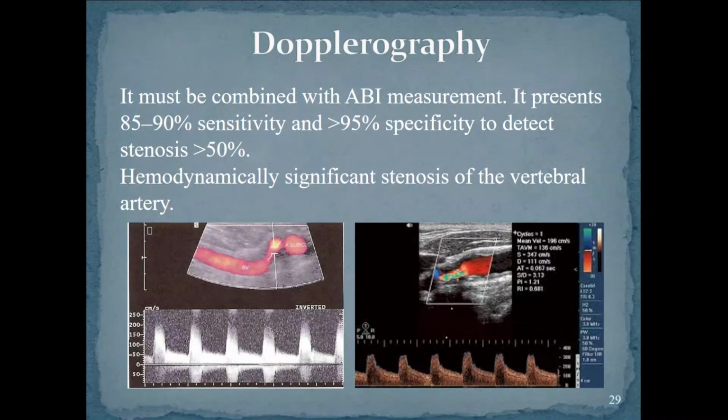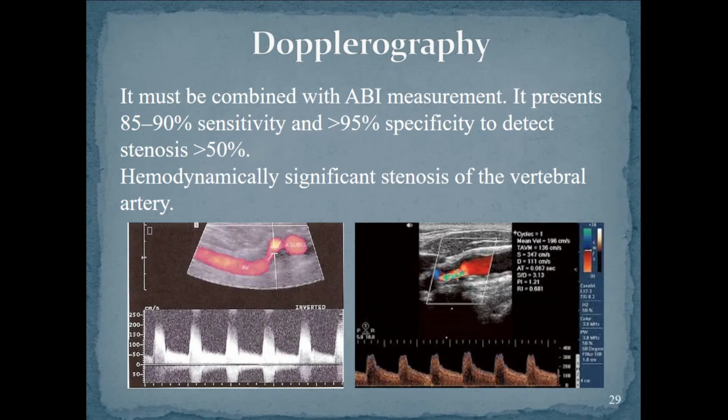Dopplerography must be combined with ABI measurement, ankle brachial index. It presents about 45 to 90% of sensitivity and more than 95% of specificity to detect stenosis more than 50%.